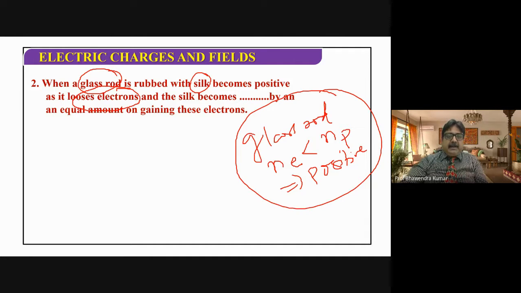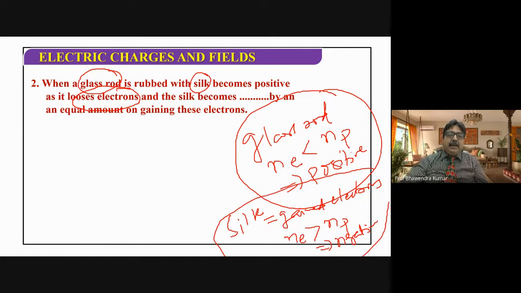But at the same time, the silk which has been rubbed with it has gained electrons. And because it has gained electrons, the number of electrons has become greater than the number of protons. So it will become negatively charged. Okay, so this is also the application of the conservation of charge principle.